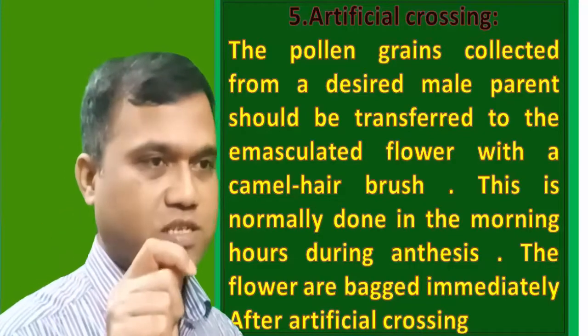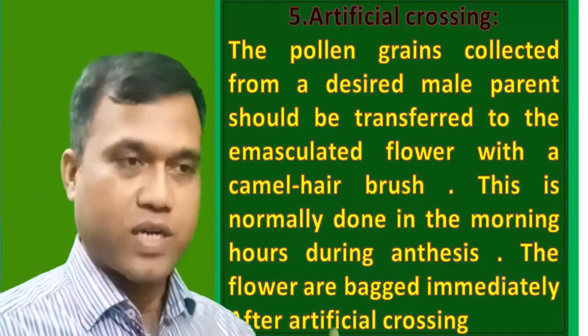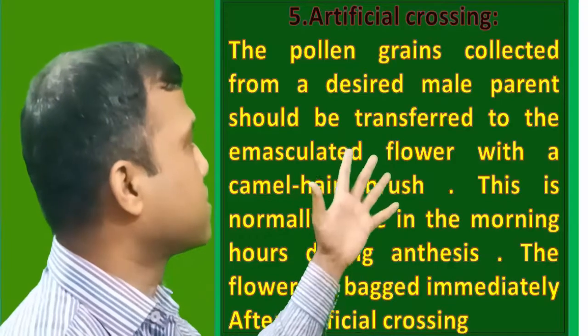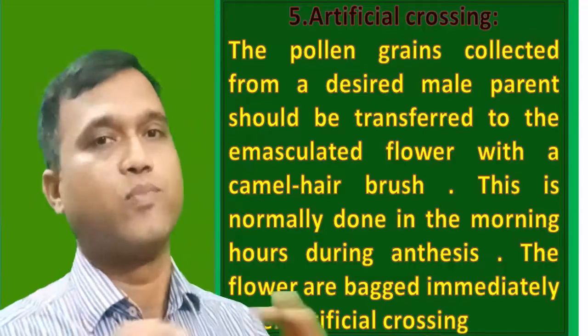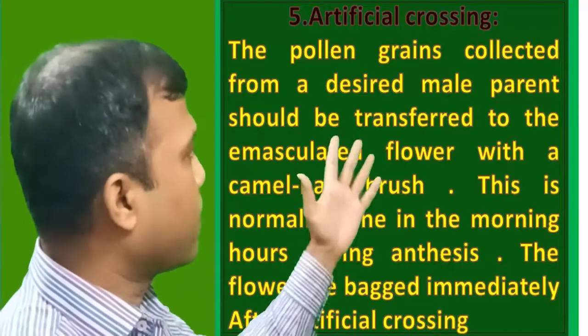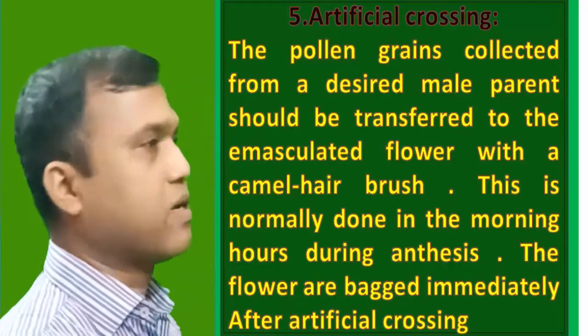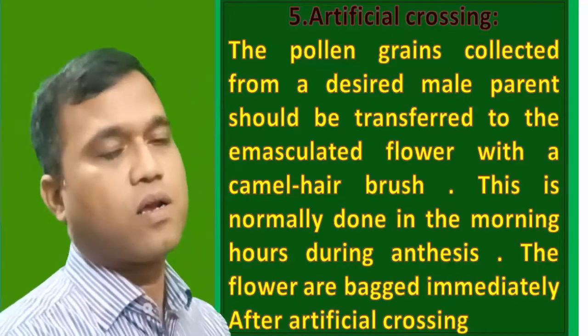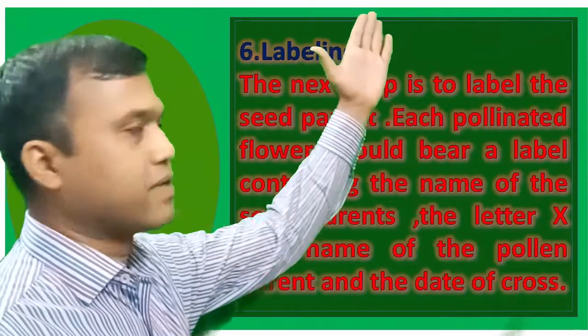The pollen grains collected from a desired male parent should be transferred to an emasculated flower with a camel hair brush. This is normally done in the morning hours during anthesis, that means the time of flower blooming. The flowers are bagged immediately after artificial crossing. Sixth step, labeling.